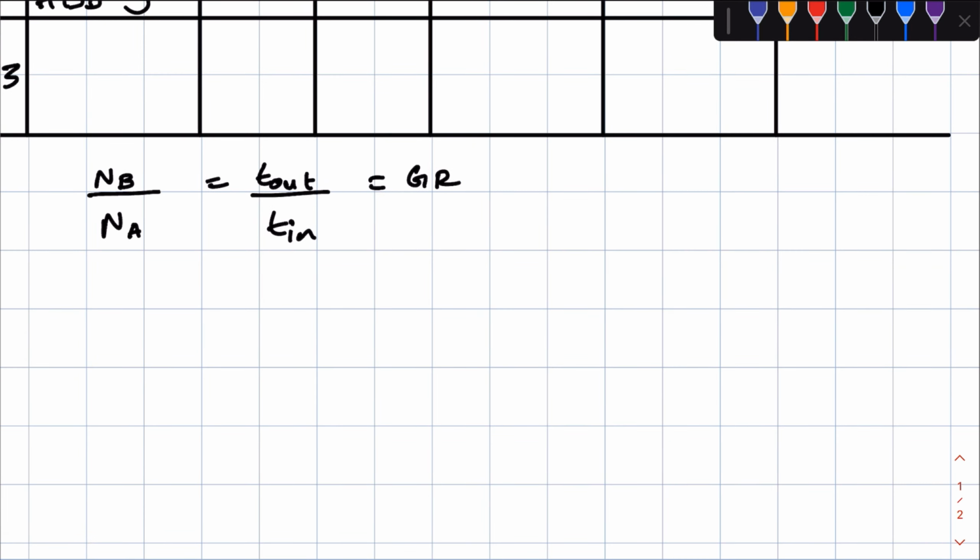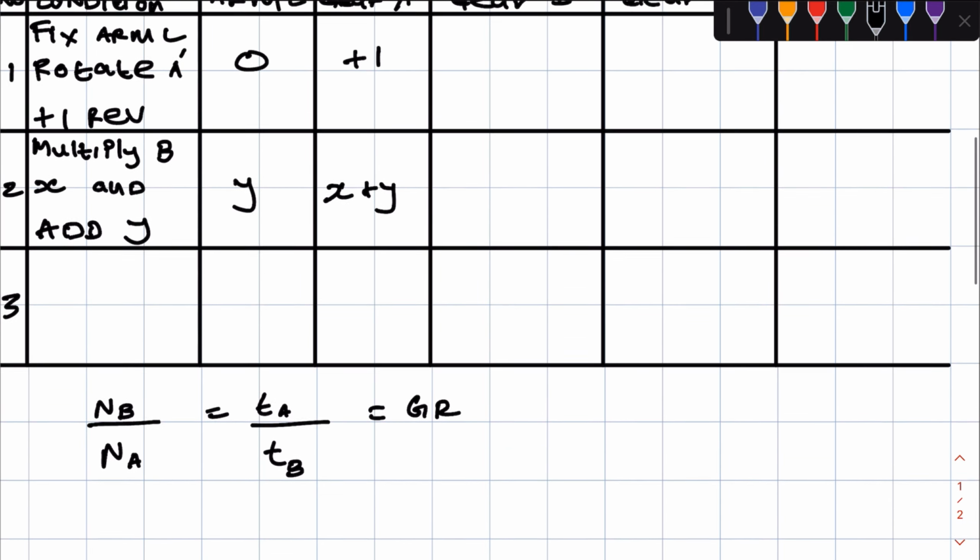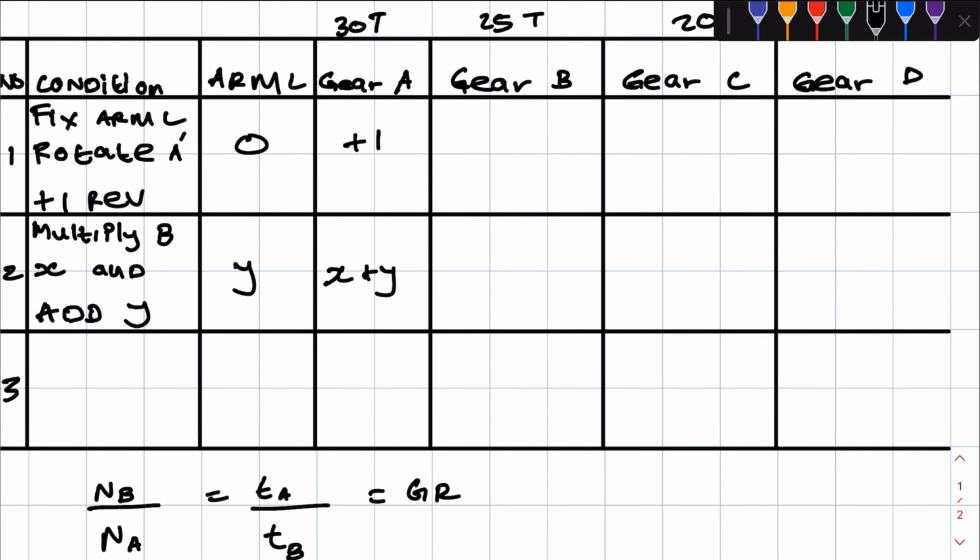In terms of number of teeth, this is going to be TA over TB. Because we have the number of teeth, we use it to represent our gear ratio for gear B.